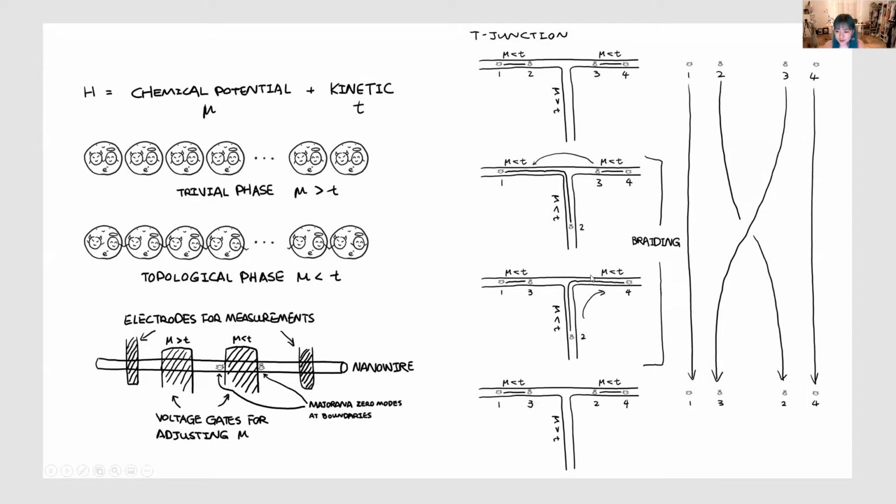In this case, you can allow the braiding to happen between anion 2 and 3 by allowing them to move to a different place on the T-junction. This is a much simplified picture, but I just wanted to briefly explain how you can achieve this.